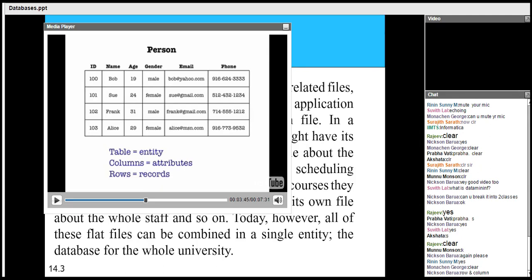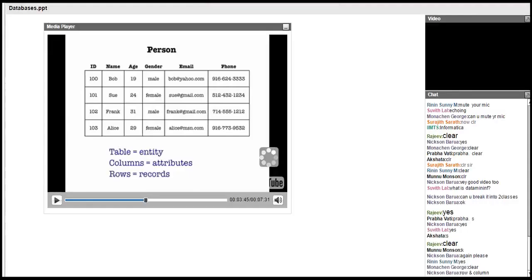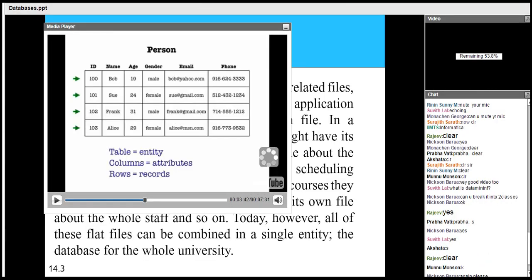What that query will do, it will go to the unique ID 100.